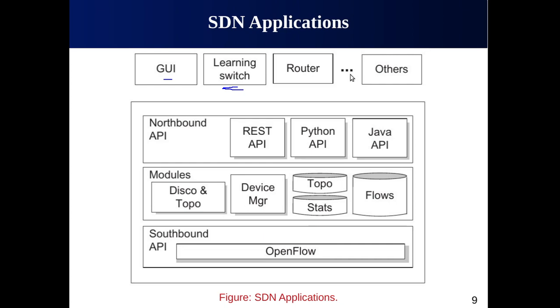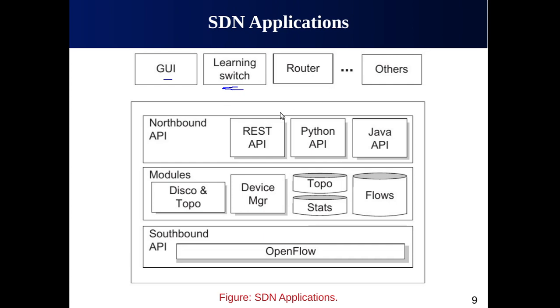So the list goes on and on. Now one question: what are the responsibilities of these applications? The general responsibility of an SDN application is to perform whatever function for which it was designed. And what are those functions? It could be load balancing, it could be firewalling, or some other operation. They have to perform it.